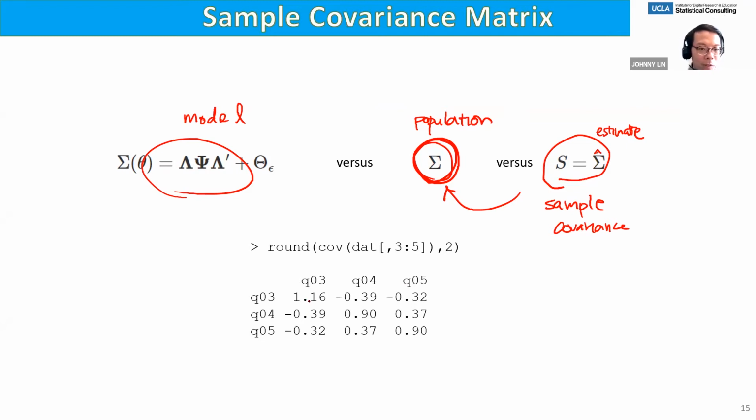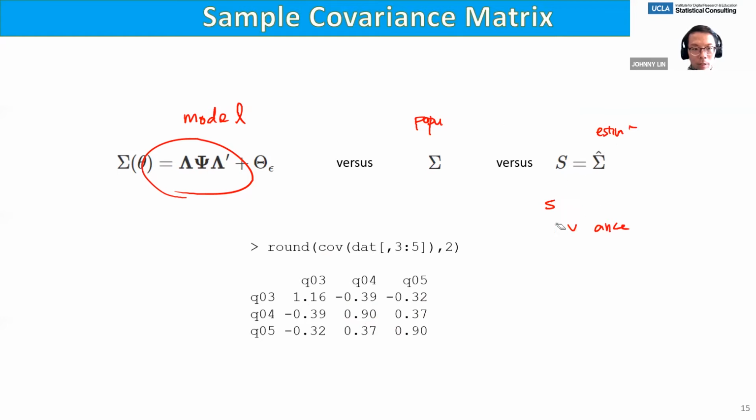So how do I know, first of all, that this is a covariance matrix? Well, you look at the diagonal and they're not one. Second tip off is I'm using COV and not COR in R. I also know that it's symmetric, so it maintains the properties of the population covariance matrix. It's just that these are sample estimates.